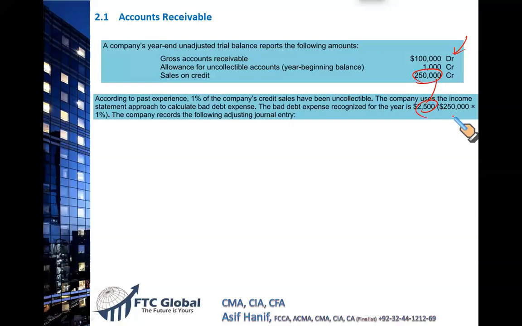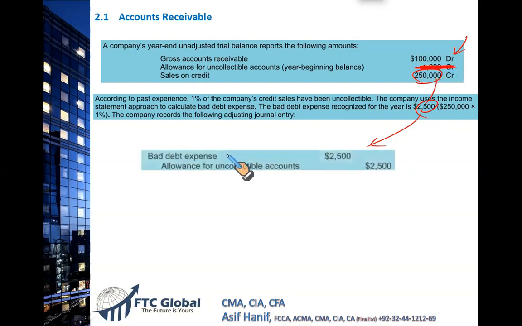Under the income statement approach, whatever amount you get, ignoring completely what is the existing balance in your allowance, you simply make this entry: debit your bad debt expense and credit allowance for uncollectible account, or if you want to call it, provision for doubtful debts. Bad debt expense debit, provision for doubtful debts or allowance credit by 1% of credit sales. We totally ignore what was the balance available in the allowance for uncollectible accounts.